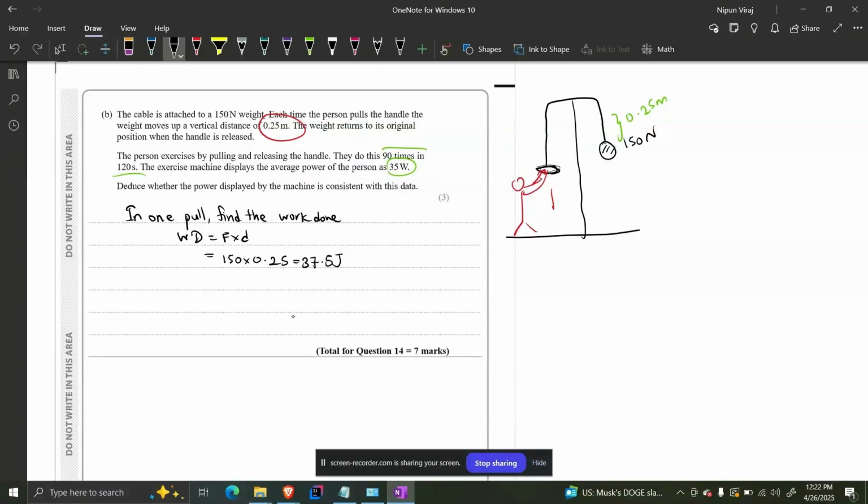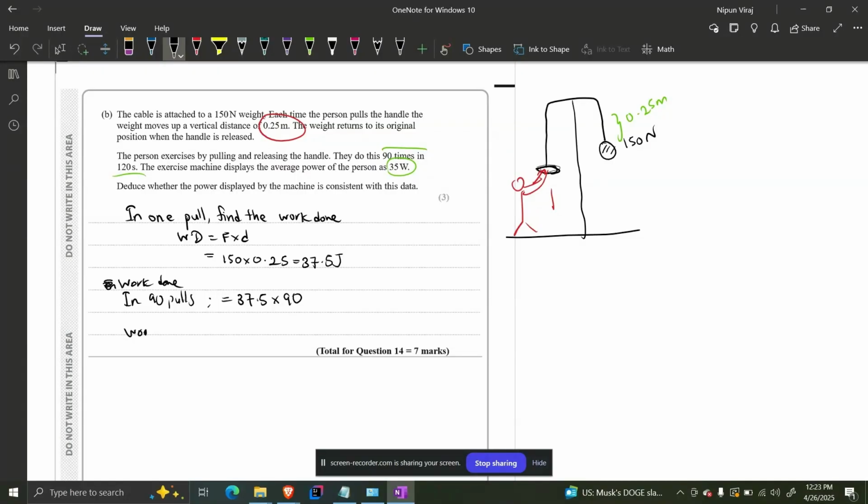Then we can check how many times this person is pulling per second. Or we can take it like this. Now the person is doing it 90 times. In 90 pulls, what will be the energy? Work done in 90 pulls is this much.